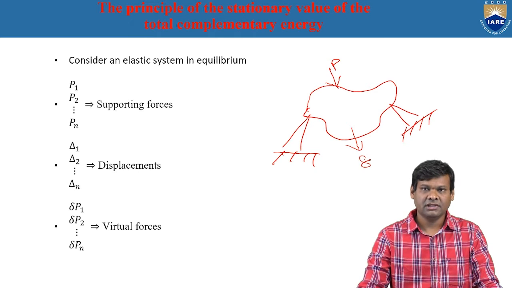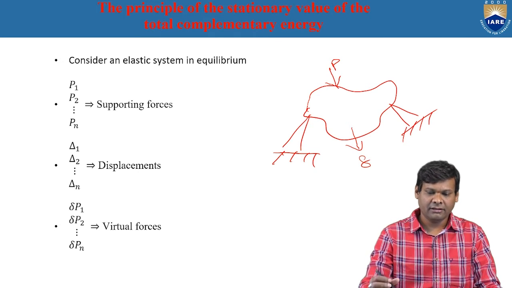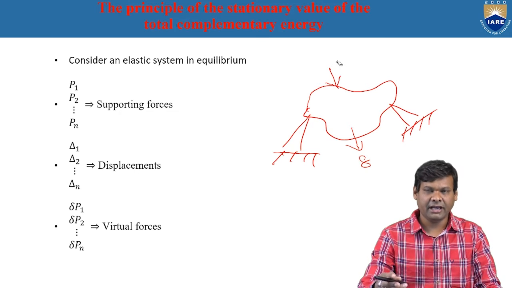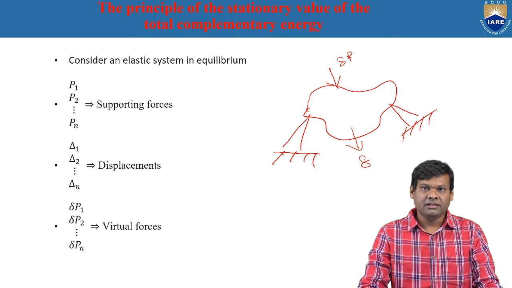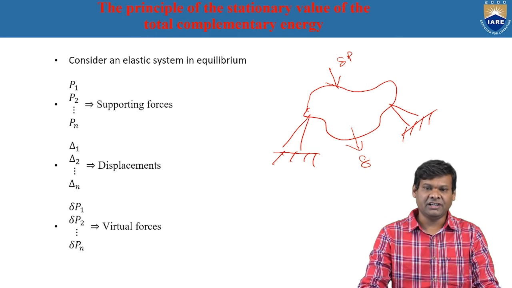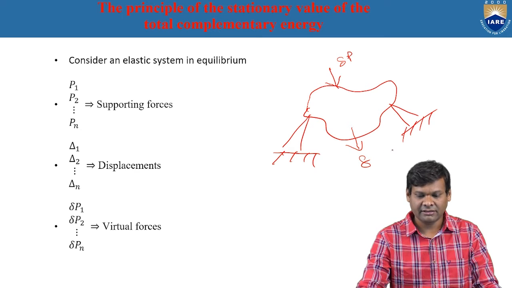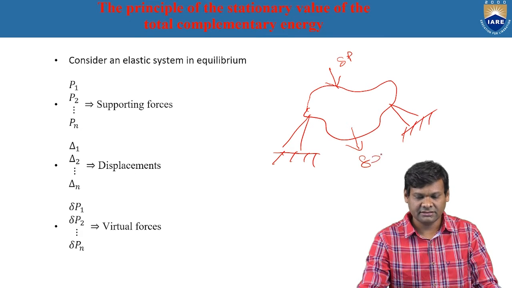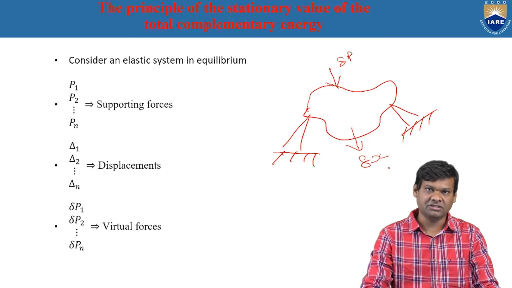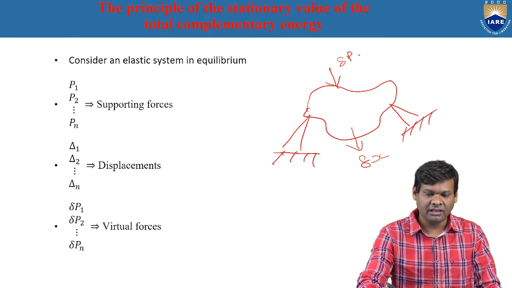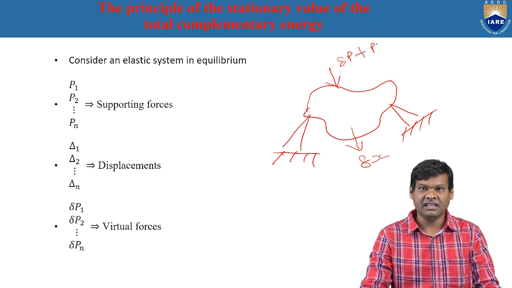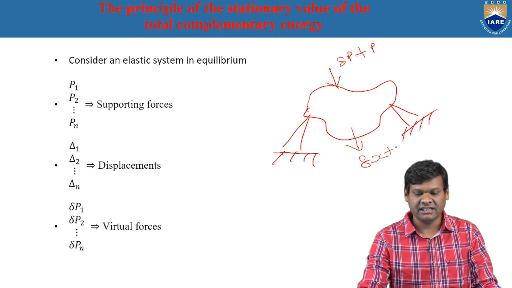If we release this load P and we apply a load of delta P, then this delta P produces a deflection of delta x. Previously, let us consider the deflection as x, and for delta P the deflection is delta x. Now if we apply the same load of magnitude P, then the deflection will be x plus delta x.